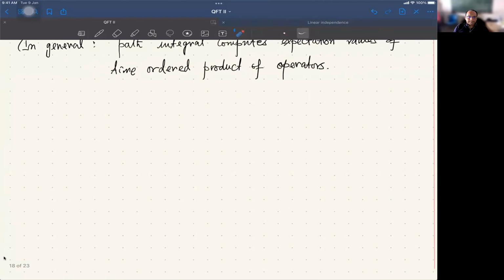Now, the next point that I would like to discuss is the operator equation of motion.